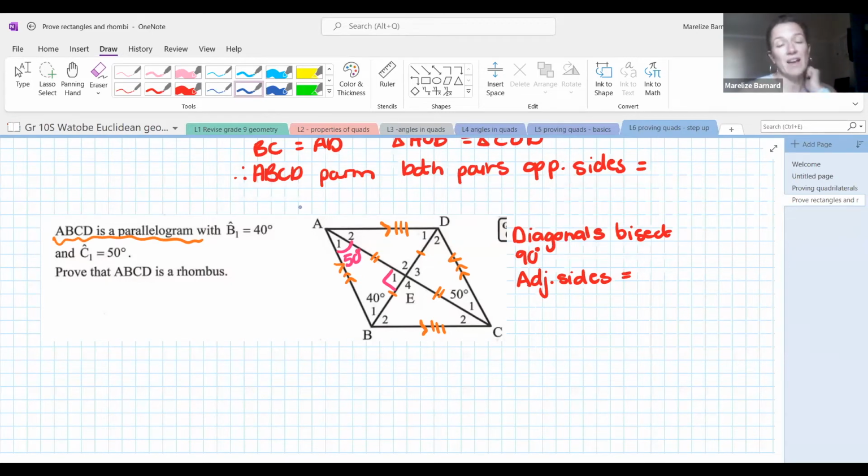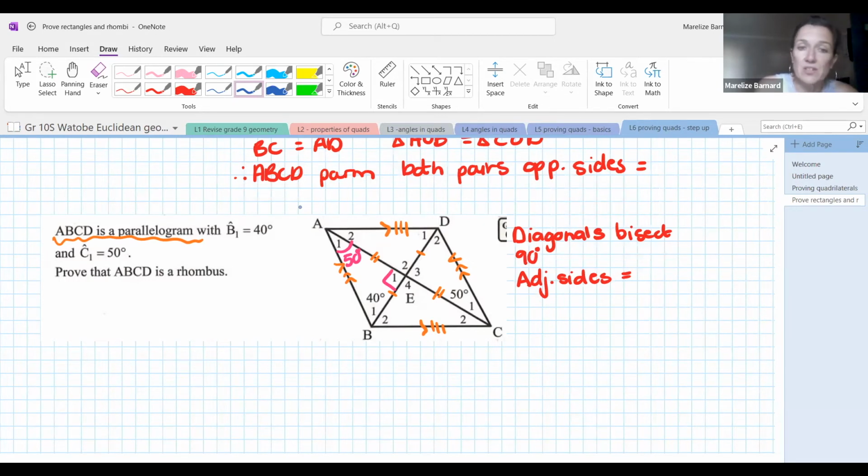You would have had to do a lot of congruency because you have to prove that all of the triangles are congruent to each other. So AED congruent to DEC, congruent to EBC, congruent to AEB. So that would have been a lot of work. Obviously, look at the mark allocation. If there was a mark allocation here, it would probably be like 4 marks. So we're going to go with that.